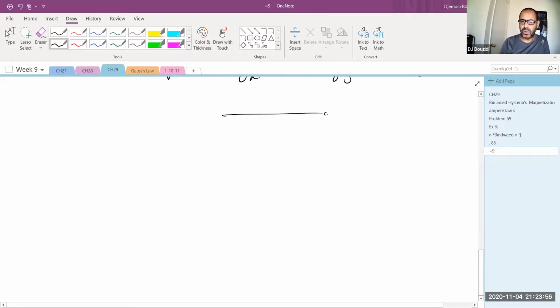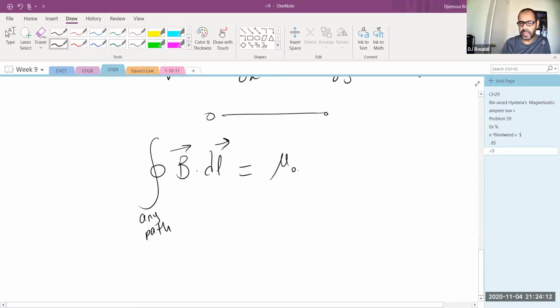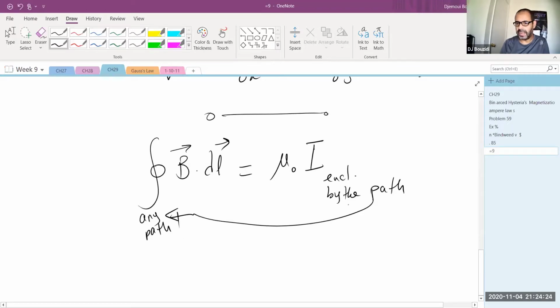So when Mr. Maxwell looked at this expression, remember Faraday's law, Ampere's law, the way we discovered it was the circulation of the magnetic field over a path, any path, is equal to mu naught times I enclosed by the path. When I say the path in this case, it's the same path that you choose in here, okay? So now it doesn't become any path, it's that specific path that we're talking about. So this is Ampere's law.